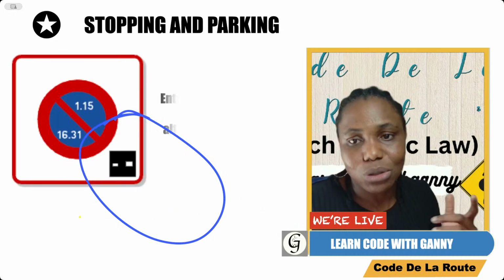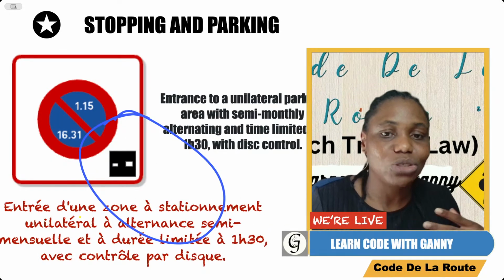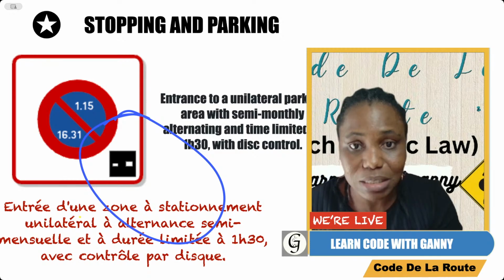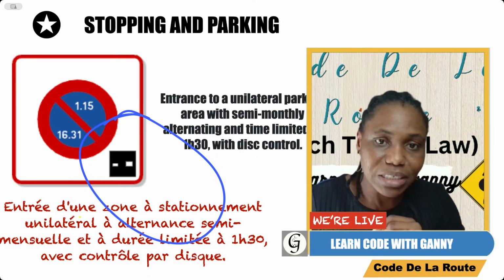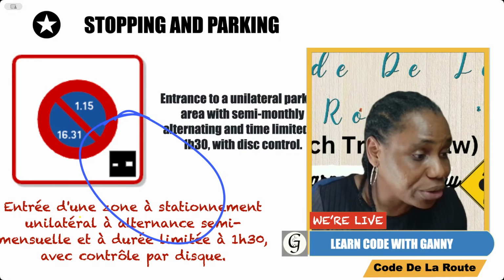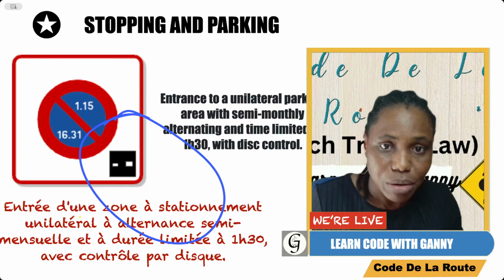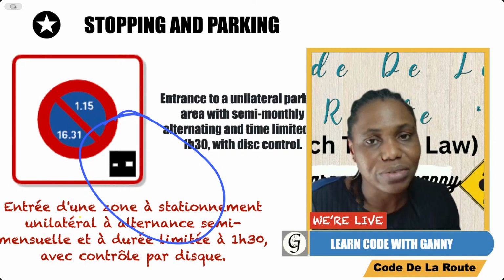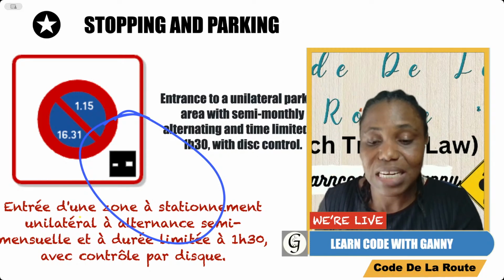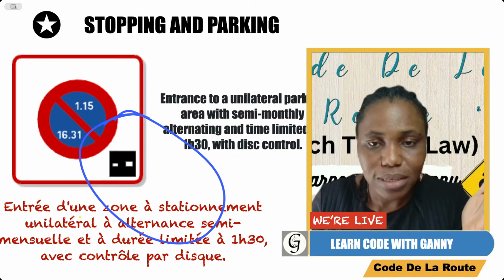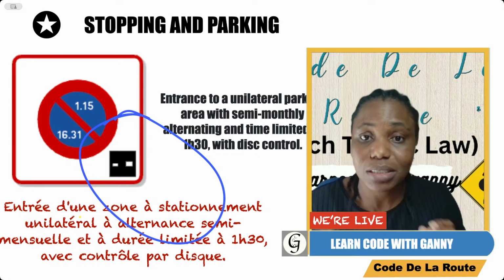So we are still going to this one also. It means entering into a unilateral parking, which I've already explained. But the difference is that this one, I said it is free. Anytime you see this, it is free, but it has a limited period of time of 1 hour 30 minutes controlled by Dix, but it is free.